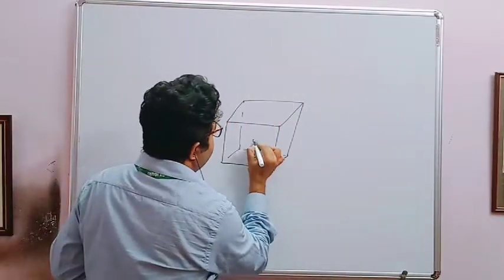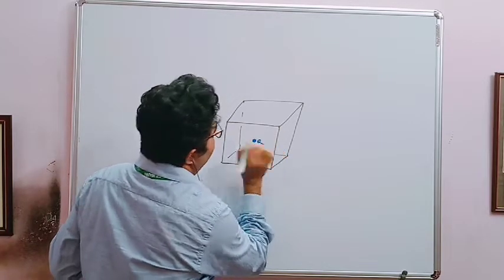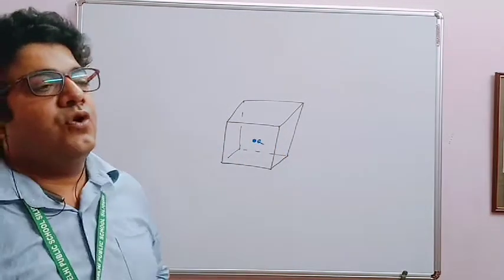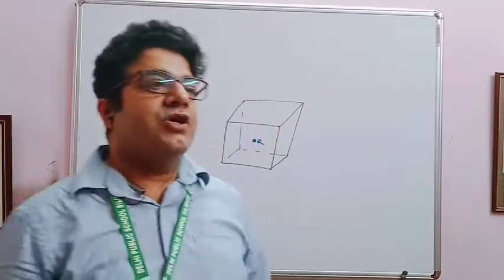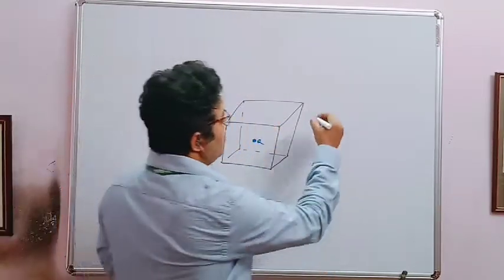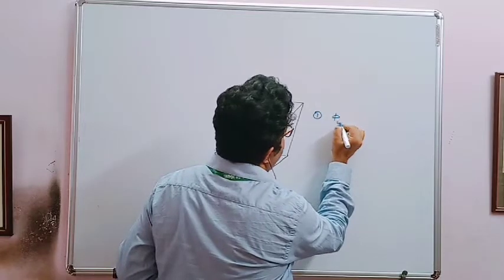First question, they put a charge Q at the center and they ask you what is the electric flux through that Gaussian surface. So your answer is very simple and very prompt.